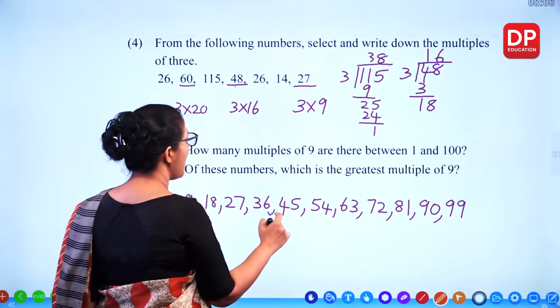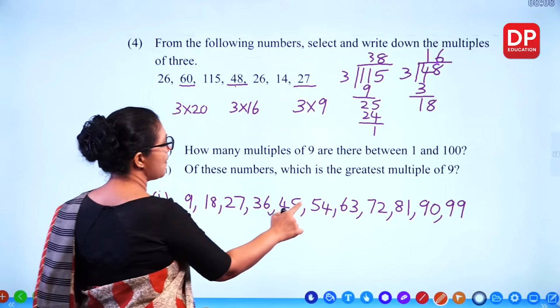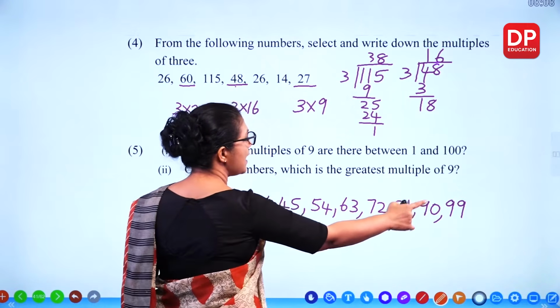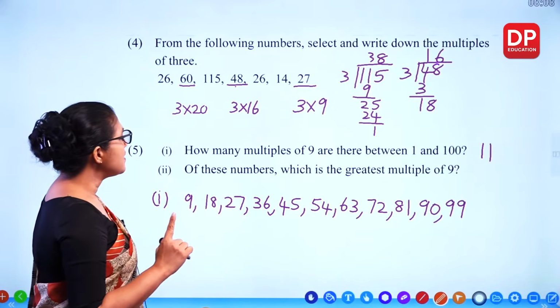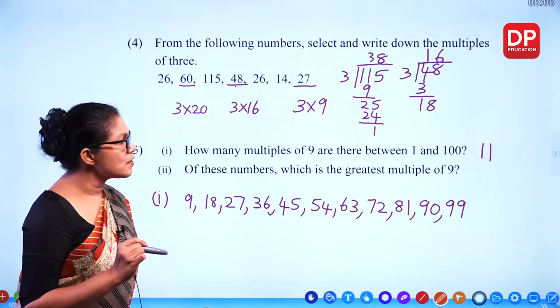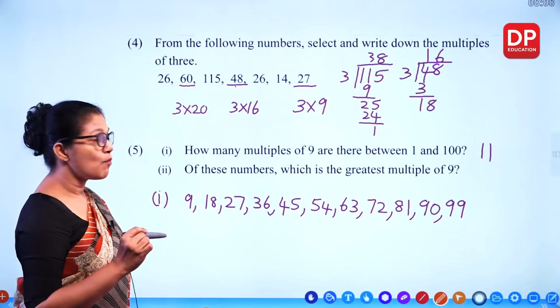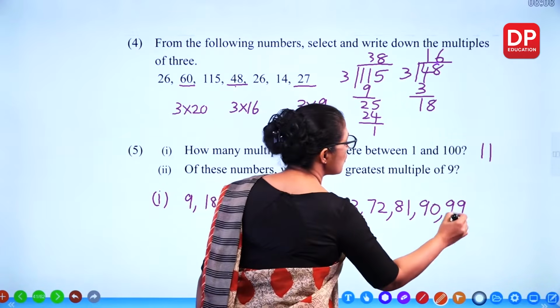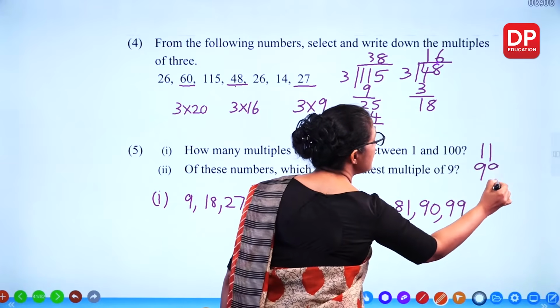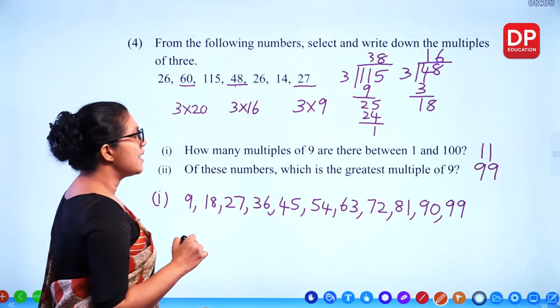Now, how many are there? 1, 2, 3, 4, 5, 6, 7, 8, 9, 10, 11 multiples are there. Of these numbers, which is the greatest multiple of 9? What's the greatest one? That's 99. So, the greatest multiple is 99.